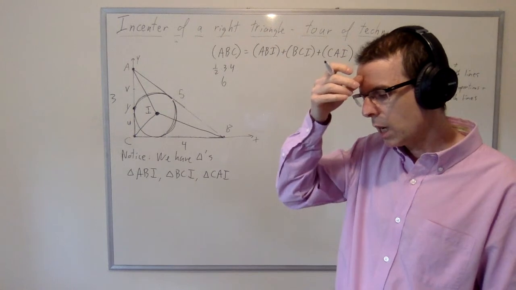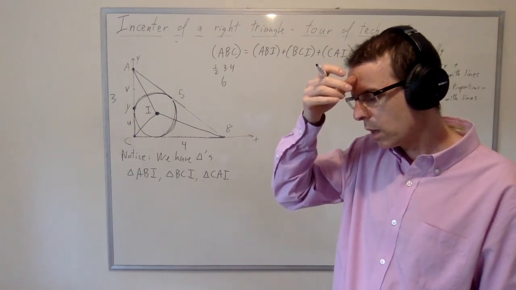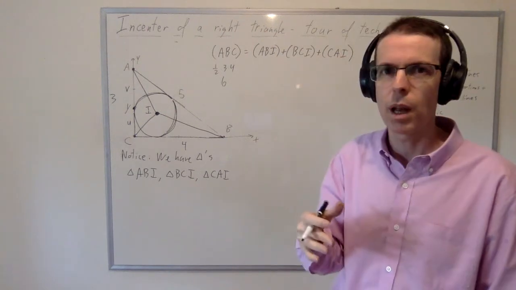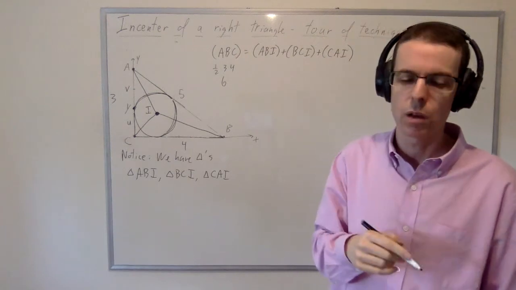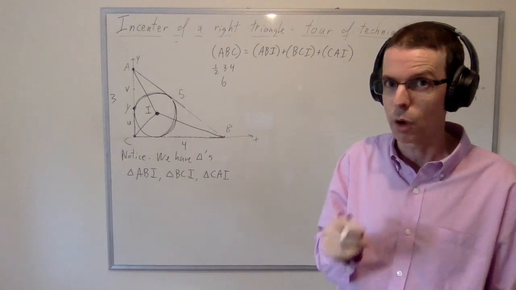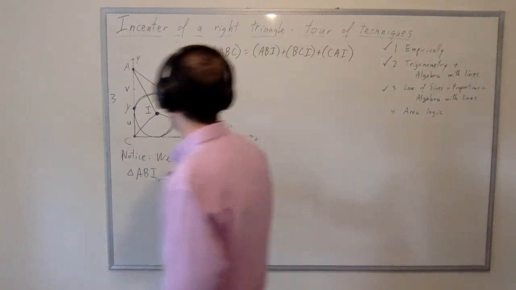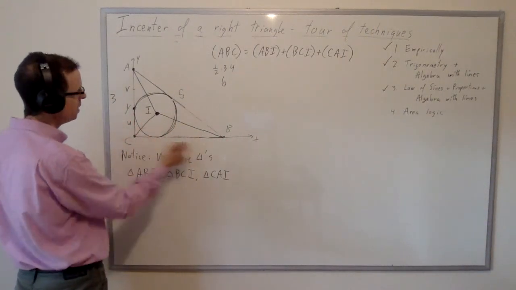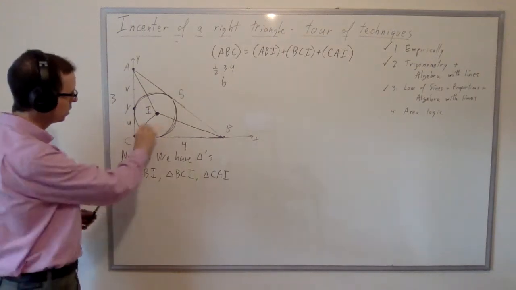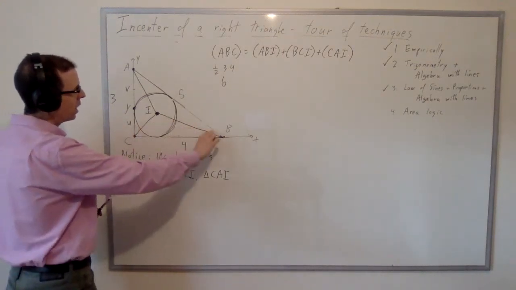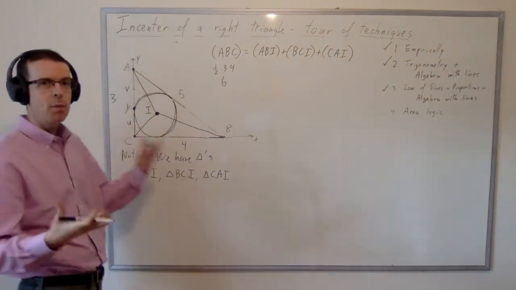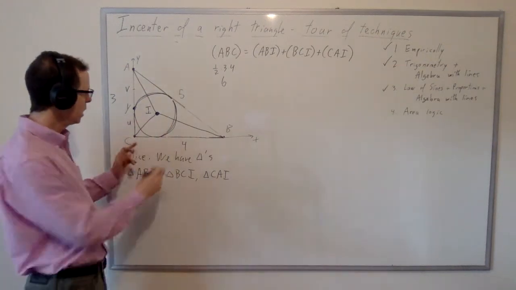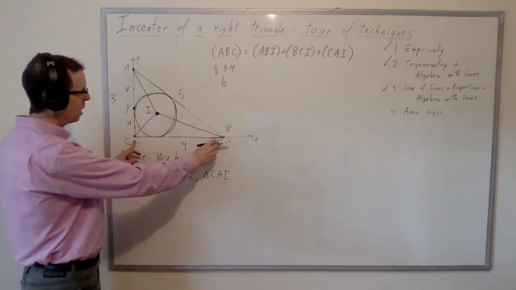But actually, okay, I don't know any of them, but they all could be calculated on the basis of a common thing that I don't know. So I know that triangle CBI, for example, which is the lowest triangle here, has 3 possible bases, but one of them is CB.